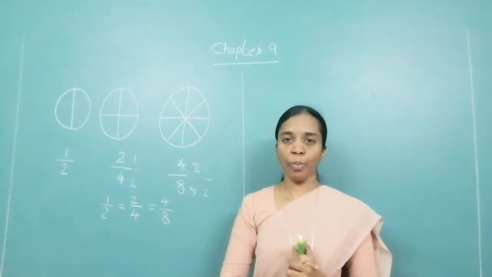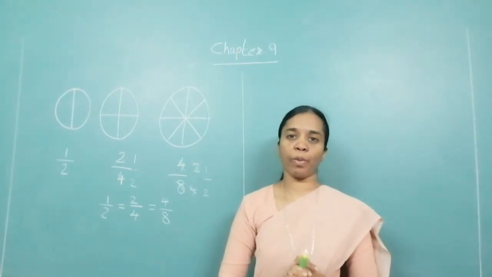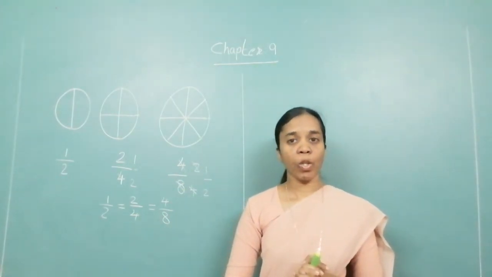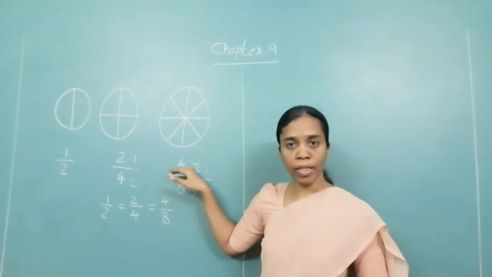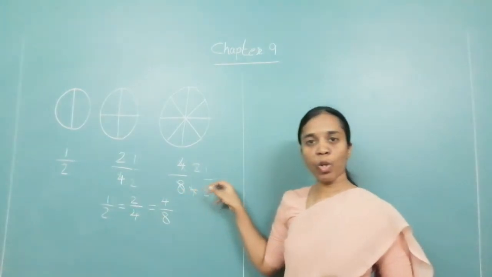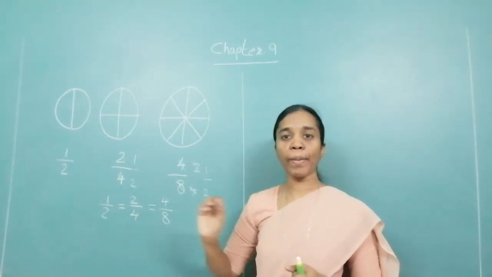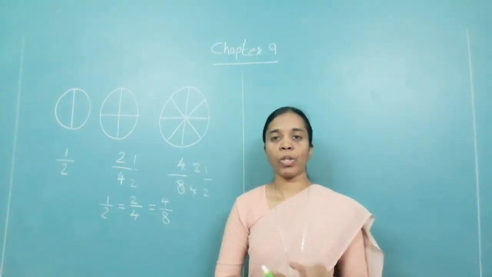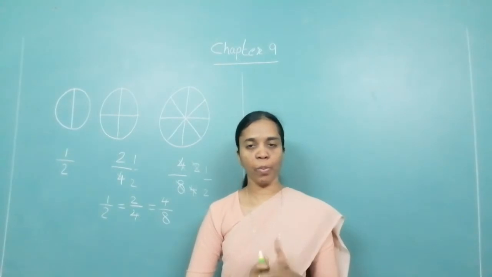Such type of ratio is called direct proportion. Why is it called direct proportion? As one quantity is increasing, the other quantity also is increasing and the ratio remains constant. So these are the two main criteria for direct proportion.